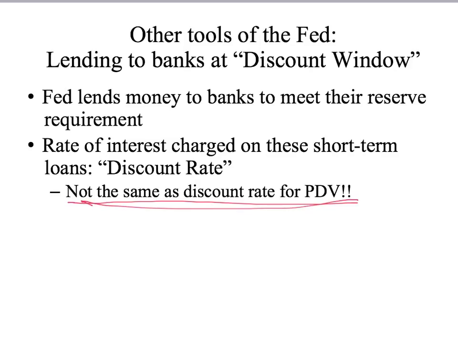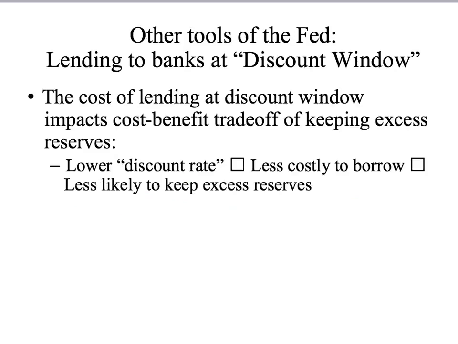So now, what could they change? If they change the cost of lending at the discount window, then it makes an impact on that cost-benefit trade-off of keeping excess reserves. Remember, the reason why banks might keep excess reserves is because it might be costly to borrow short-term money if they need to meet greater withdrawals than they're used to.